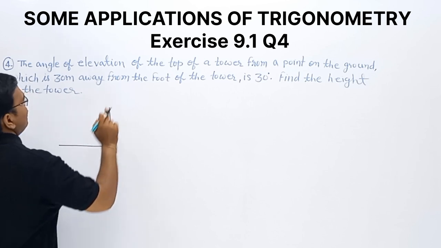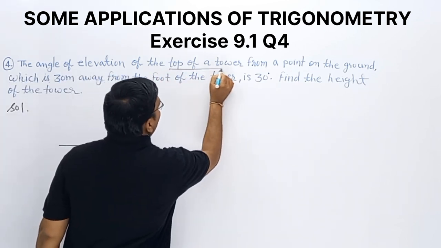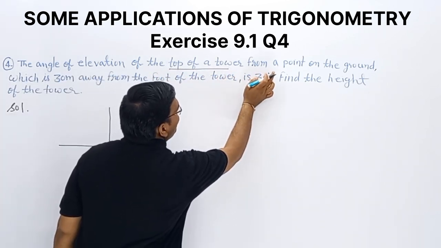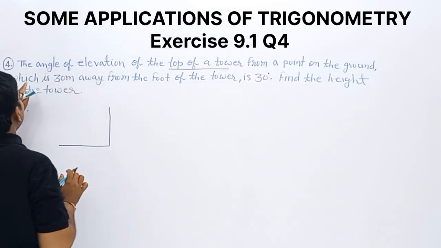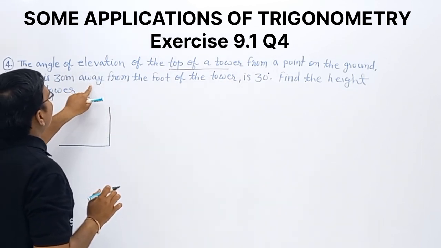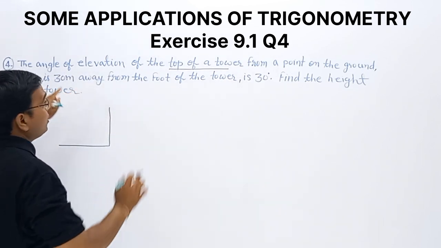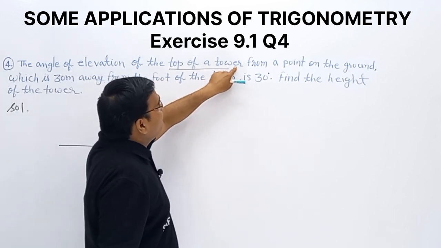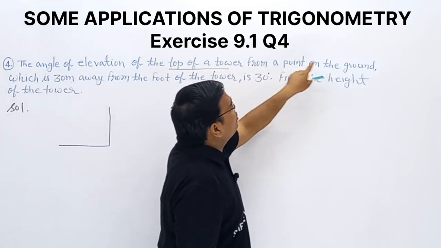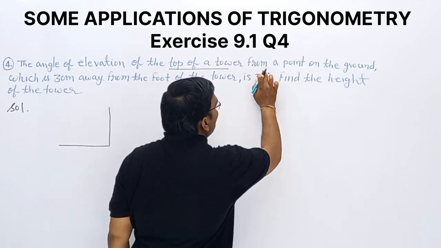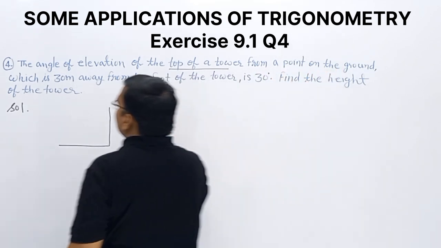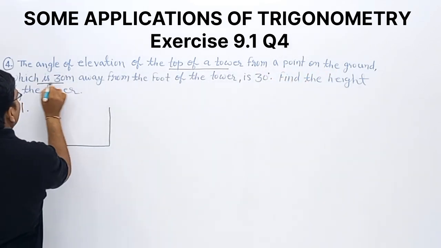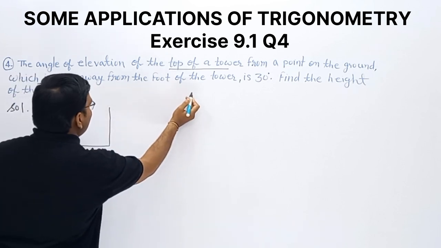Clear? The top of a tower from a point on the ground which is 30 meter away from the foot of the tower.